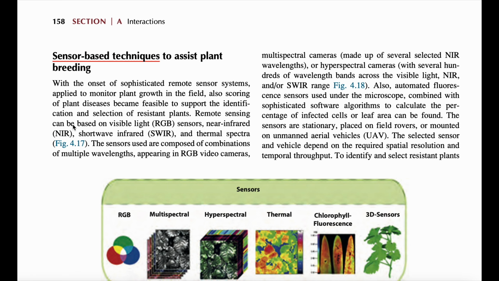Now, remote sensing can be based on visible light sensors, near infrared light, shortwave infrared, and thermal spectra.